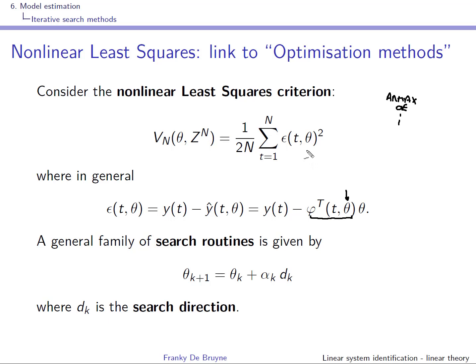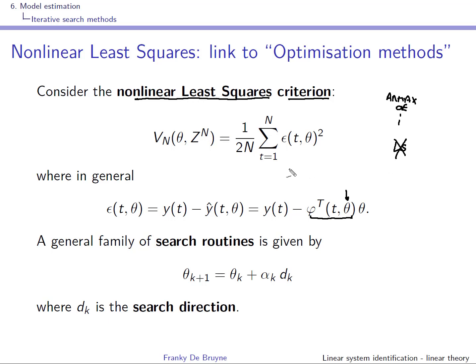So if you write the criterion for prediction error identification, you can see that you have a so-called non-linear least squares. Okay, you do not have this linear least squares problem that we had for the ARX model structure.